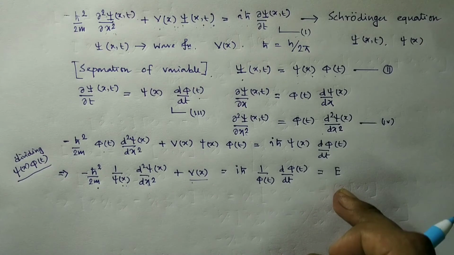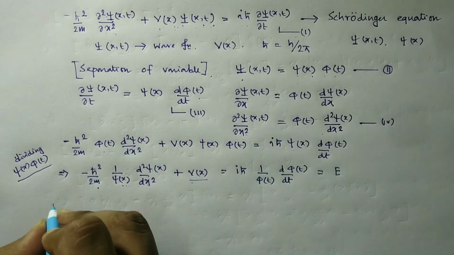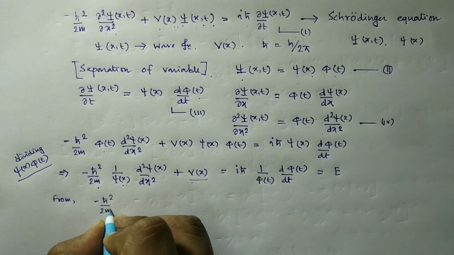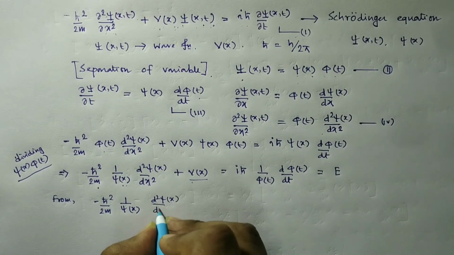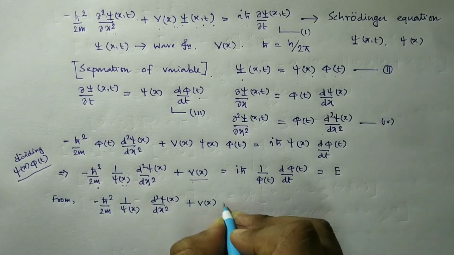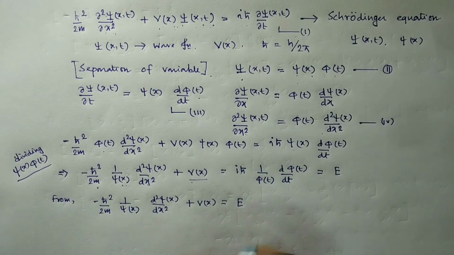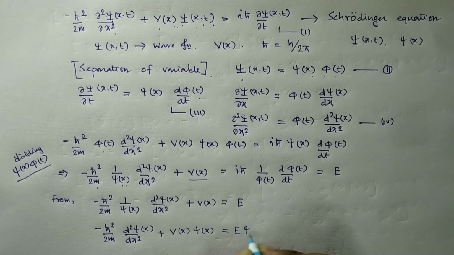We are taking the separation constant as E. Now, from the left hand side, −ħ²/2m (1/ψ(x)) d²ψ/dx² plus V(x) is equal to E. By some rearrangement of this equation, we have −ħ²/2m d²ψ/dx² plus V(x) multiplying through ψ(x), equal to E ψ(x).